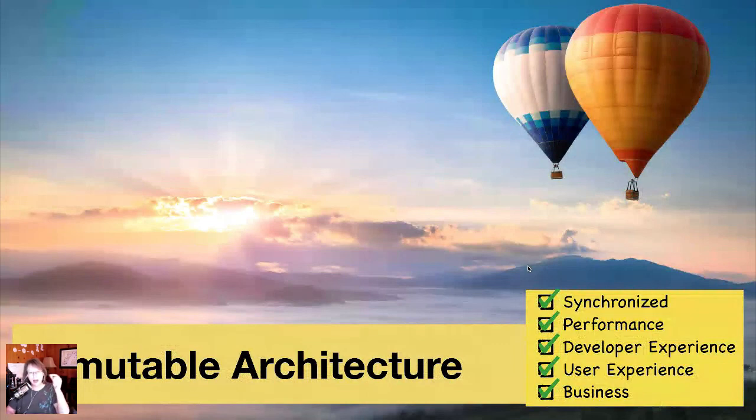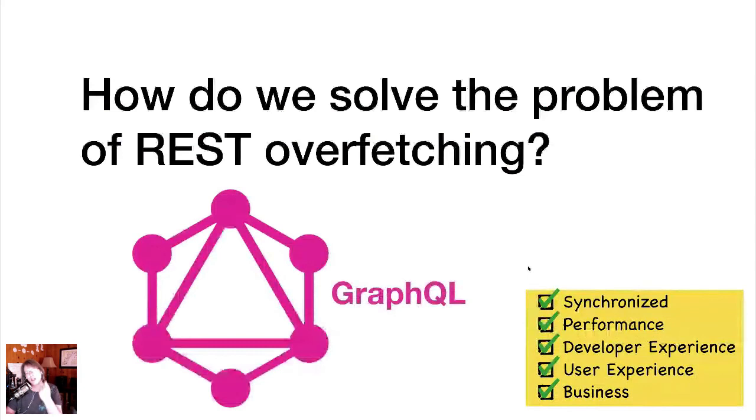Now, how about that REST thing we were talking about? How do we solve that problem of overfetching? Okay, well, Jason talked about it earlier with GraphQL. That right there, when we leverage that, so if we need to really maximize our performance at that point, right? And being able to go and get just the data that we want and minimizing our endpoints and pulling in only that information that we want in the way that we want it.